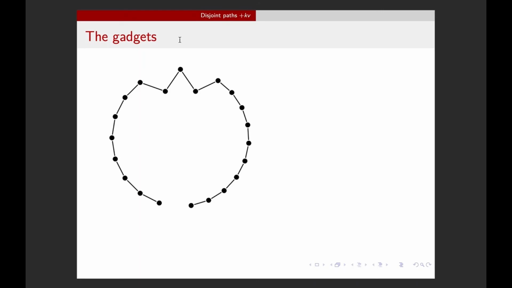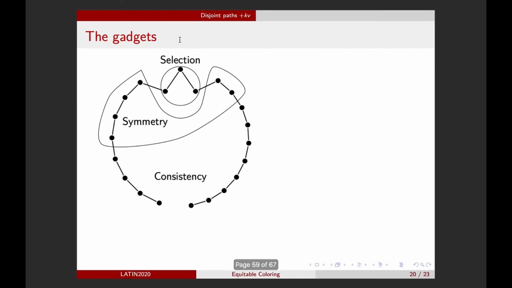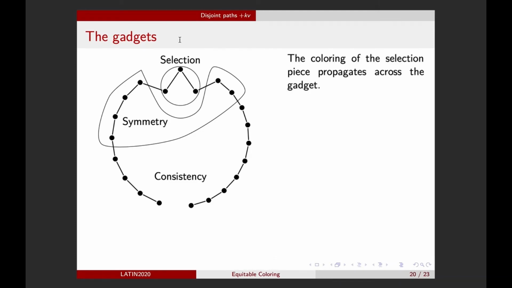To divide it, we're going to choose the 3 properties: selection, symmetry, and consistency. So each one of these pieces is going to fulfill one of those 3 roles. And the idea to construct the lists is that a coloring of the selection piece of the gadget propagates to the entire gadget.